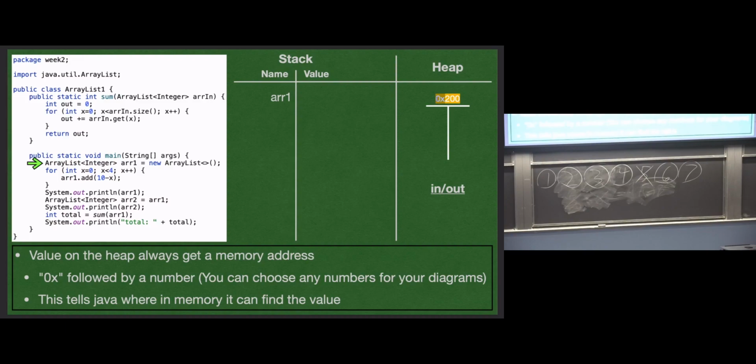All right, so the 0x means this is a hex value, and this is the index where things are going to be stored. The JVM will obfuscate this. We don't actually have access to the actual memory addresses, and like I said, the JVM can move things around in memory without telling us about it at all.